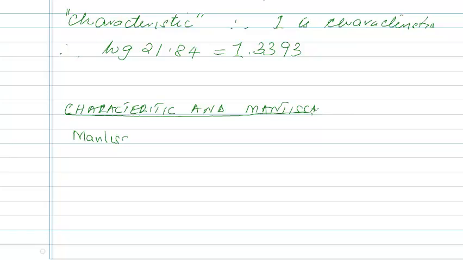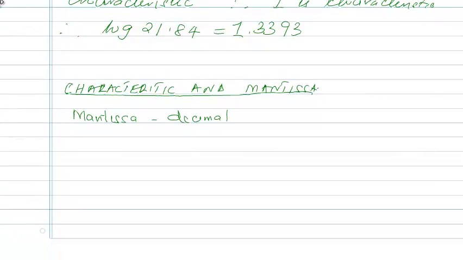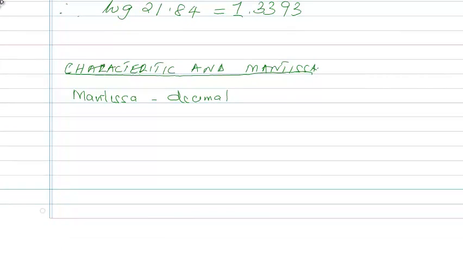And the whole number of a logarithm derived from the standard form index of 10 is known as the characteristic.